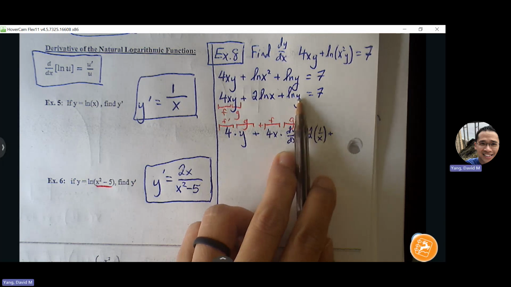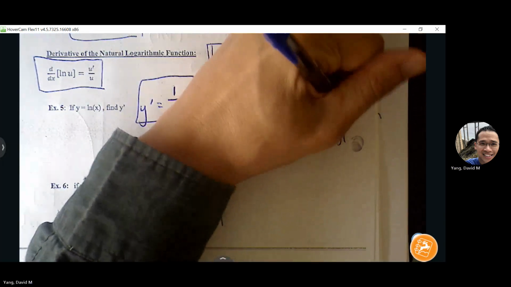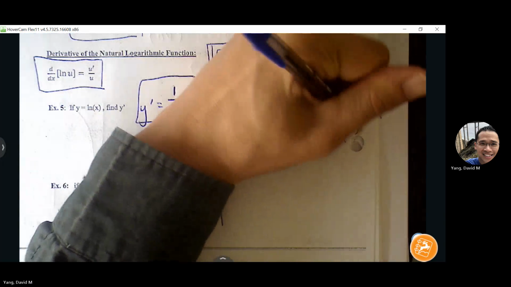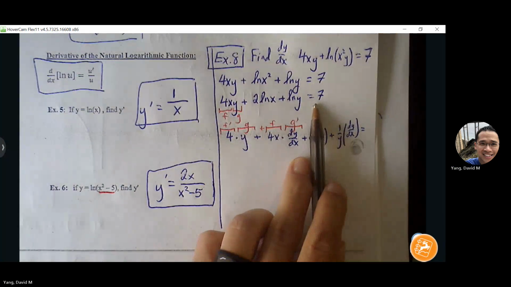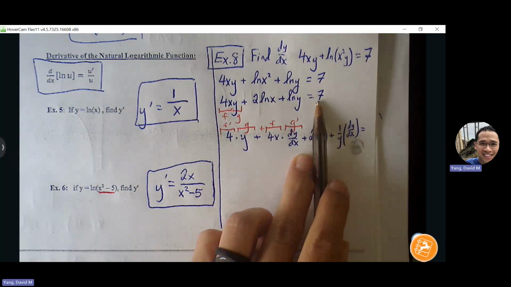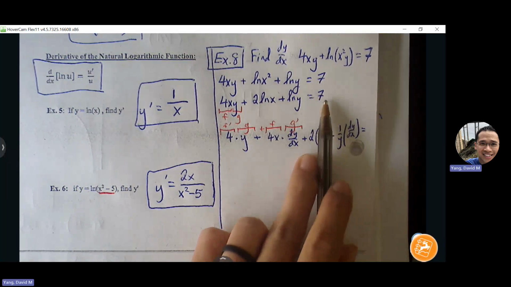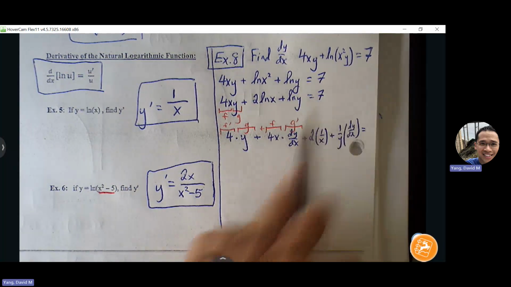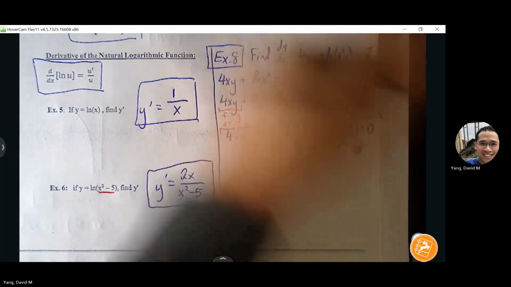Yeah, so 1 over y times dy dx. Equals what? Like, original 0. 0, yeah. 7 is also being impacted by the derivative. We make it 0.